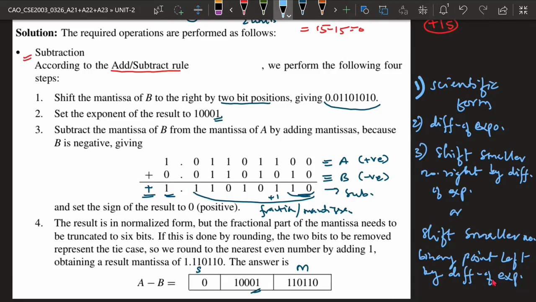Whatever the difference of exponent is, either 2 or 3, we are either shifting the digits or bits to the right side or shifting the binary point to the left side.